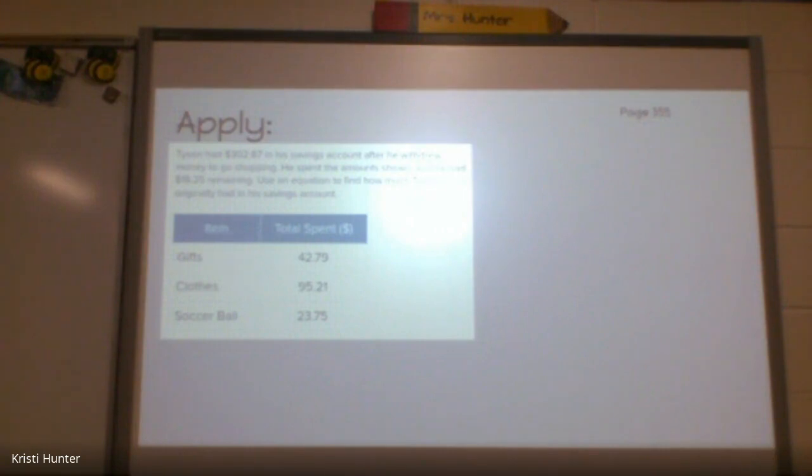He spent the amount shown in the table, and he had $18.25 remaining. Use an equation to find out how much Tyson originally had in his savings account.